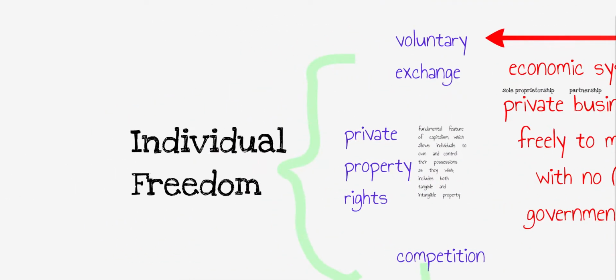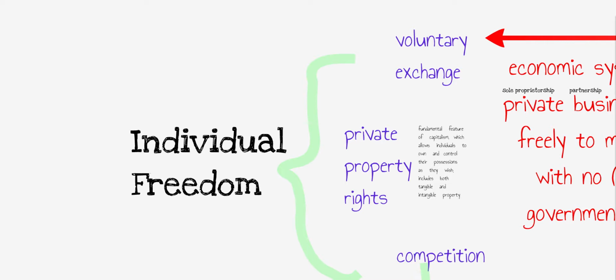So, one of the things that we see coming out of a free enterprise system is that individual freedom is a key element, whether it's voluntary exchange or owning private property or starting a business as a part of competition. So, individual freedom is something that often gets emphasized. This, of course, can bring up criticism of what is good for the community versus what is good for the individual, right?